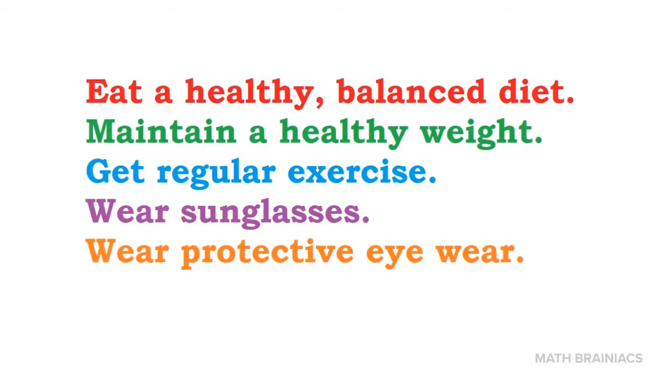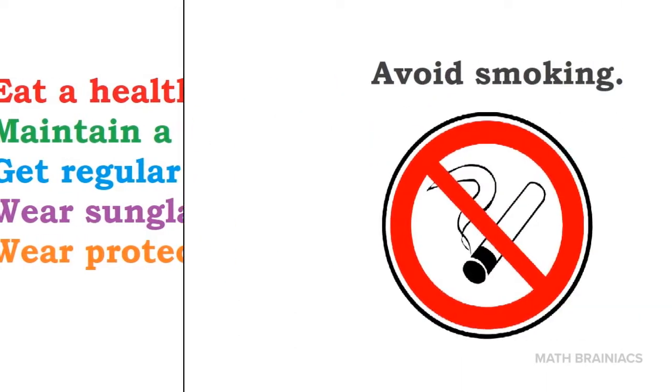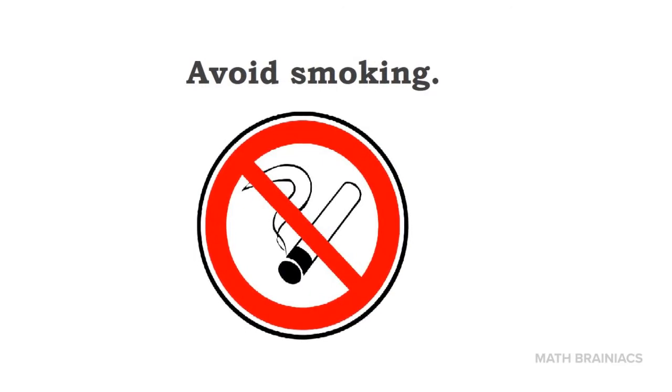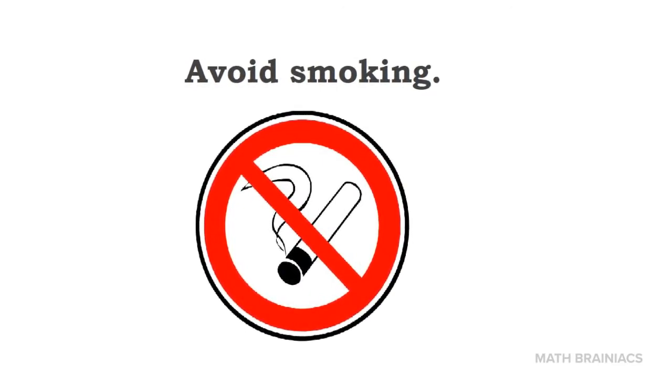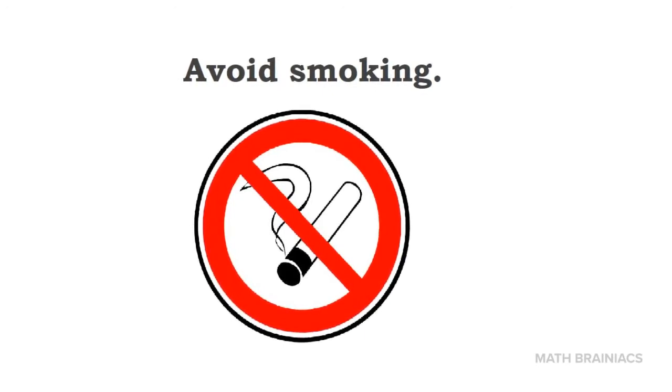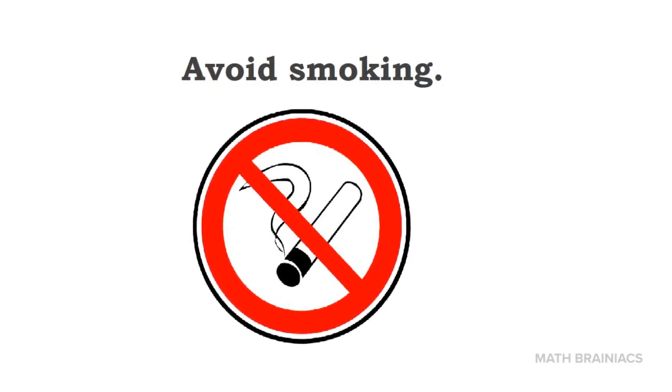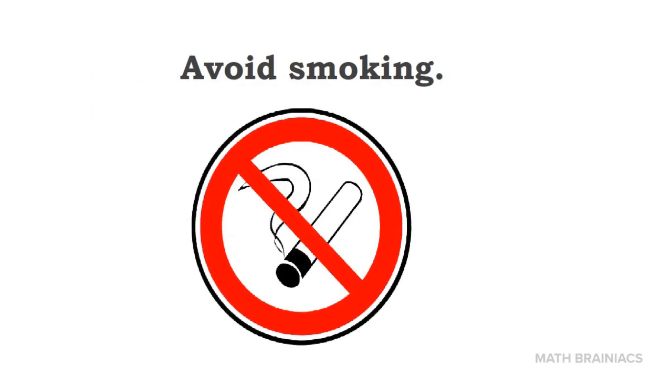In playing certain sports or working in factory or construction, we also need to wear protective eyewear. If you are smoking or trying to start smoking, I want you to take note of this. Smoking increases the risk of developing age-related eye diseases such as macular degeneration and cataracts and can damage the optic nerve.